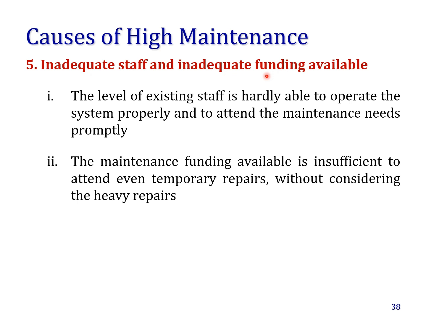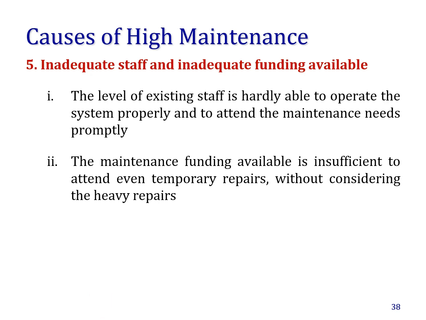That's why we have to delay the maintenance, which also reduces the quality of maintenance and repair, making the frequency of repair higher and higher. So the maintenance funding available is insufficient to attend to every temporary repair, without even considering the heavy repairs.